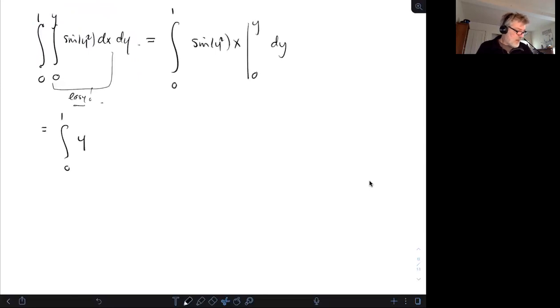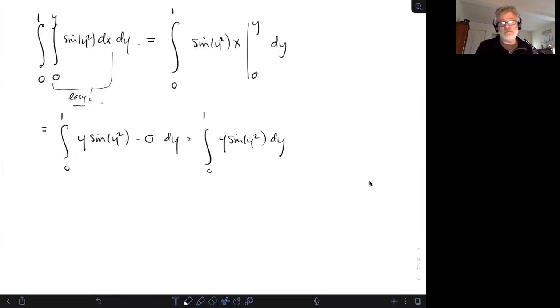So this is y times sine of y squared minus 0. Okay. And now I'm happy because the integral I'm left with is now doable because I have that nice y, which is basically the derivative of y squared. You just use a substitution, right?